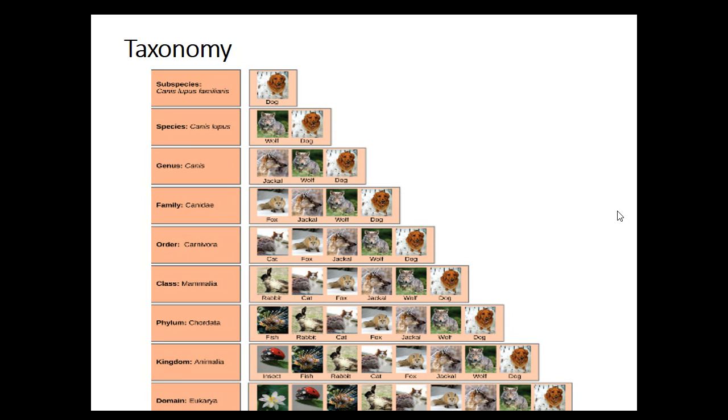Then that includes plants, fish, insect, rabbit, cat, fox.